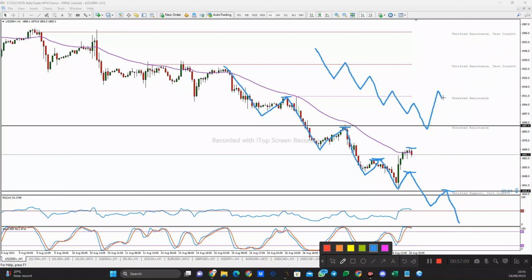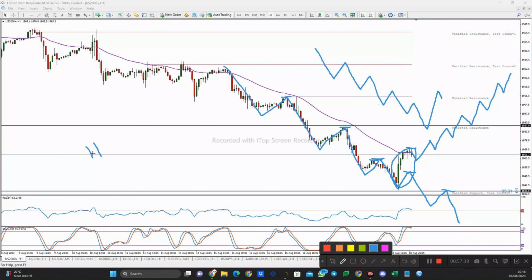This is the start of an uptrend. But for that uptrend to continue, it has to go down a bit, then start coming up to form higher lows and higher highs.